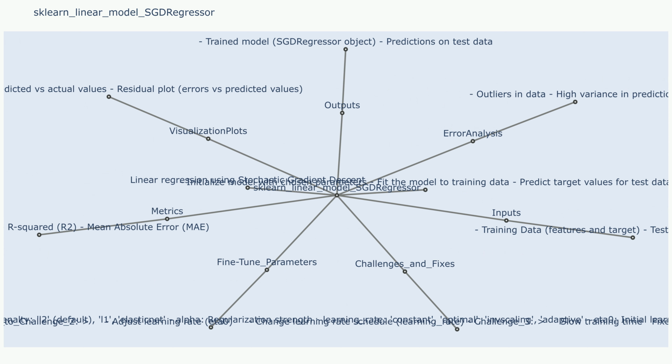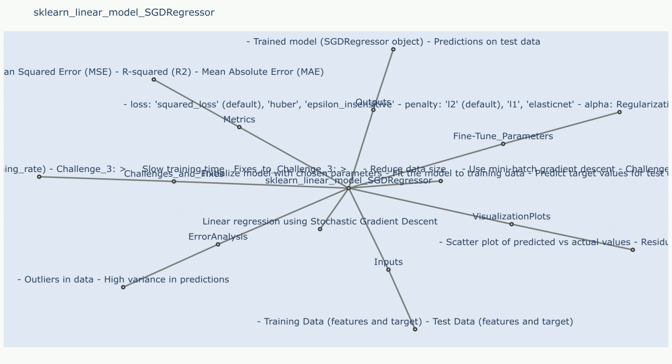Steps: initialization: the model starts with random initial weights and an intercept. Gradient descent: the model iteratively updates the weights and intercept using the gradient descent algorithm. In each iteration, the model calculates the gradient of the loss function with respect to the weights and intercept, and then updates them in the opposite direction of the gradient, multiplied by the learning rate.